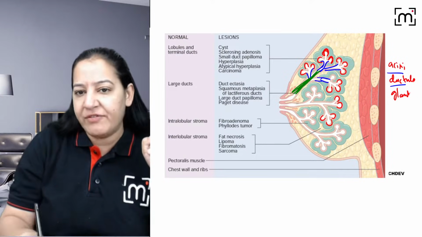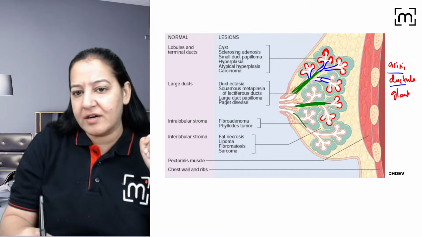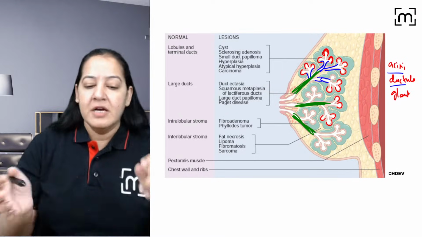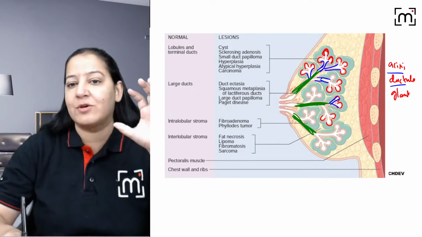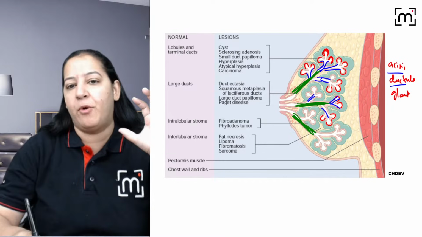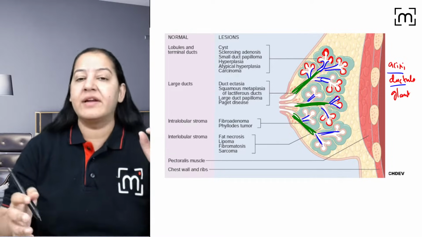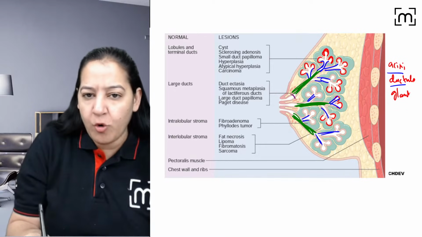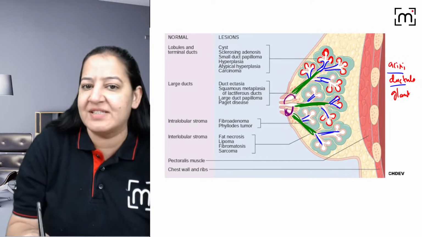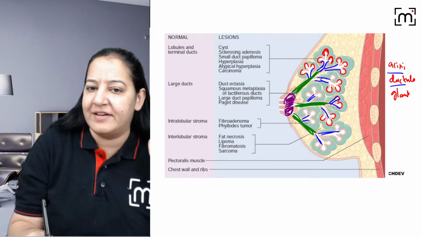This is one lactiferous duct, this is another, and this is another. Multiple lactiferous ducts at the end open in a sinus, known as the lactiferous sinus. So milk is ultimately collected here, right?